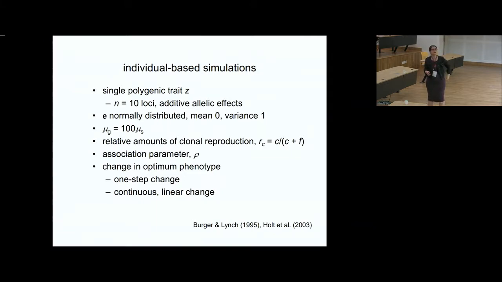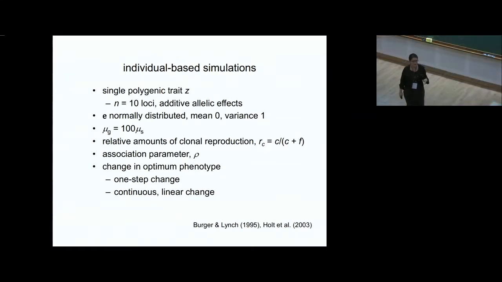The simulation results have 10 loci with additive allelic effects. I want to stress that they're additive both within a locus, so there's no dominance, and across loci, so there's no epistasis. But I'm going to come back to epistasis in a minute.